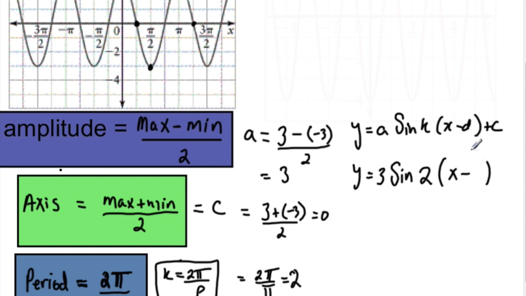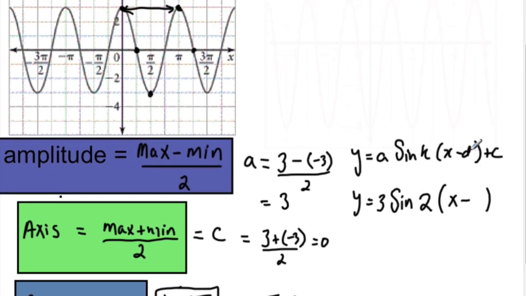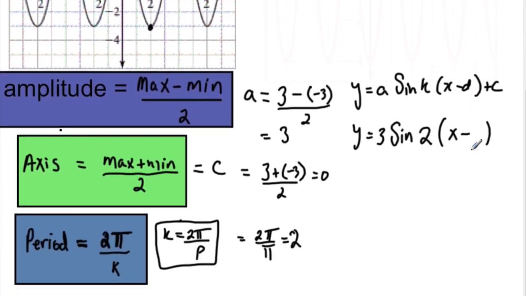If I'm choosing to use sine, then I have to use one main property of sine. The main property of sine that we need to use is looking at where the maximum of sine normally would occur.